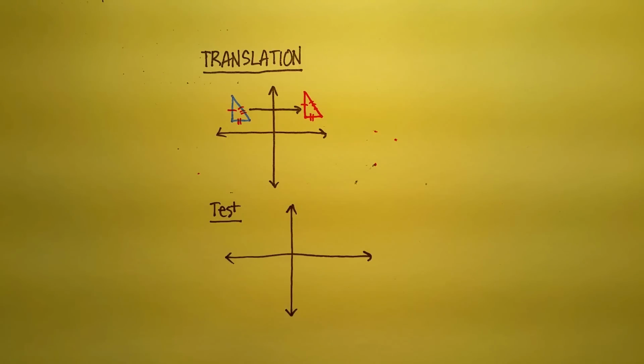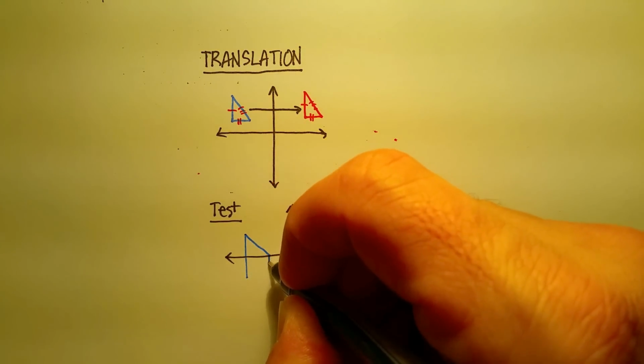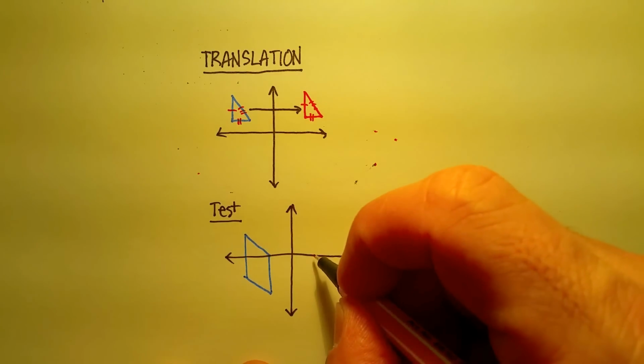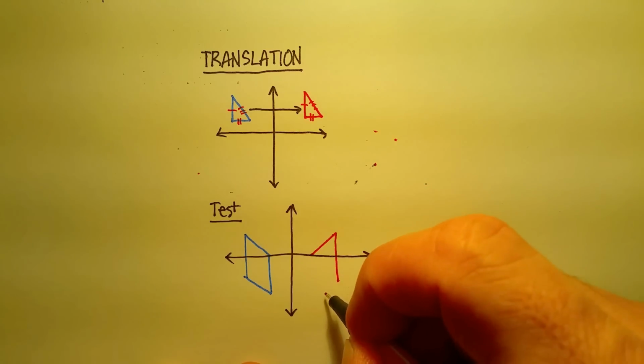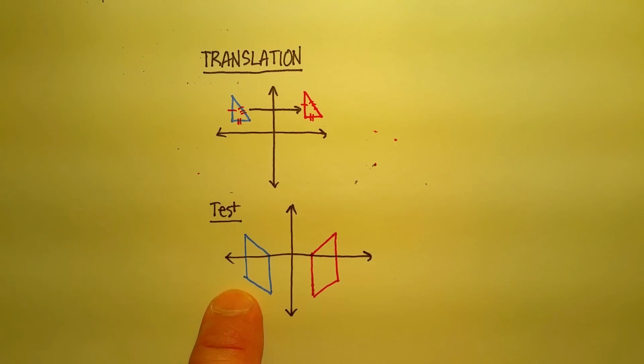All right, so here's my drawing for you. I'm going to draw a little parallelogram. Okay, I'm not going to put in any of the arrows, but I'm going to draw the pre-image and then the image. Okay. Can you identify what type of transformation this is? I'm going to give you a couple seconds. You can pause the video at this point.